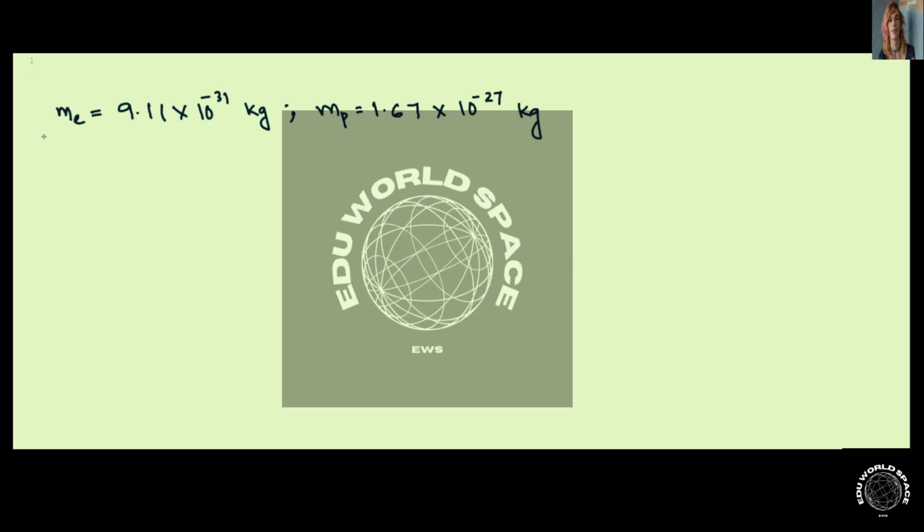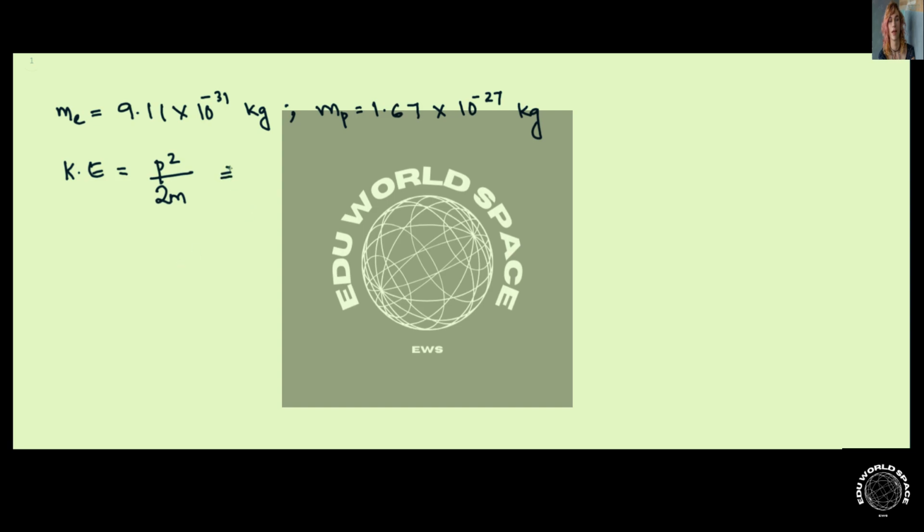In this question, we have to compare the wavelength of an electron and a proton, given that both of these masses have the same non-relativistic kinetic energy. So the expression for non-relativistic kinetic energy is given by p squared over 2m.